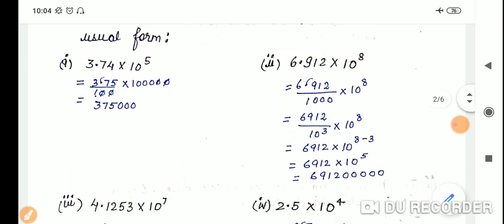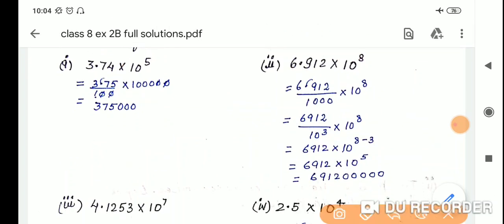Now the second one, 6.912 into 10 raised to the power 8. It is very easy, right? So here also 6.912, 3 decimal places are here, so 1000, into 10 raised to the power 8. You need not open it. If you write out 10 raised to the power 8, it will be a very long process. So you can do it this way: in division the powers are subtracted, right?